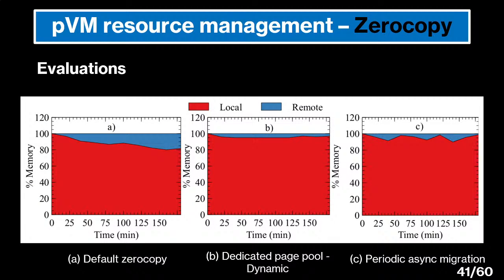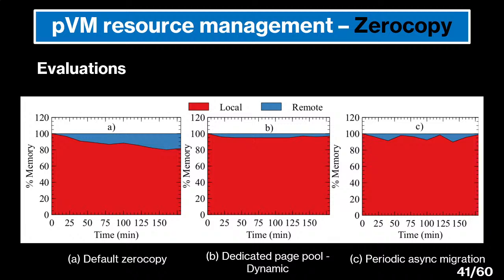Here we run the same experiment as before, which consists of running the network intensive application from Big Database. And we can see that compared to the default zero copy, with the dedicated page pool and the periodic asynchronous migration, the amount of memory that becomes remote is under control.